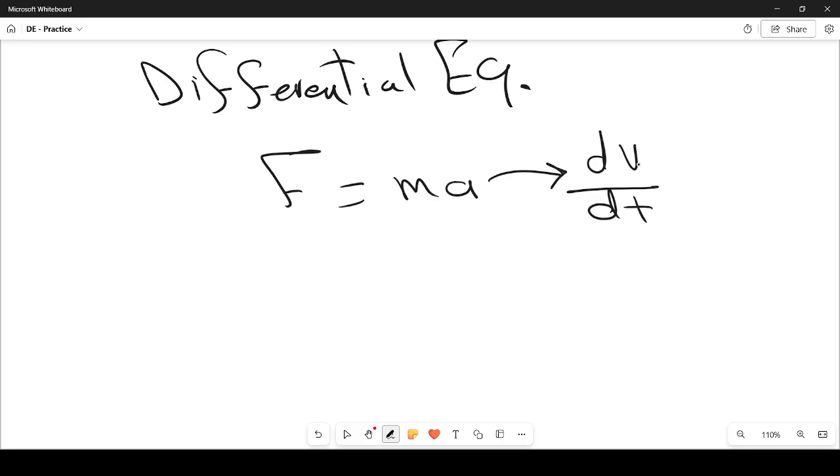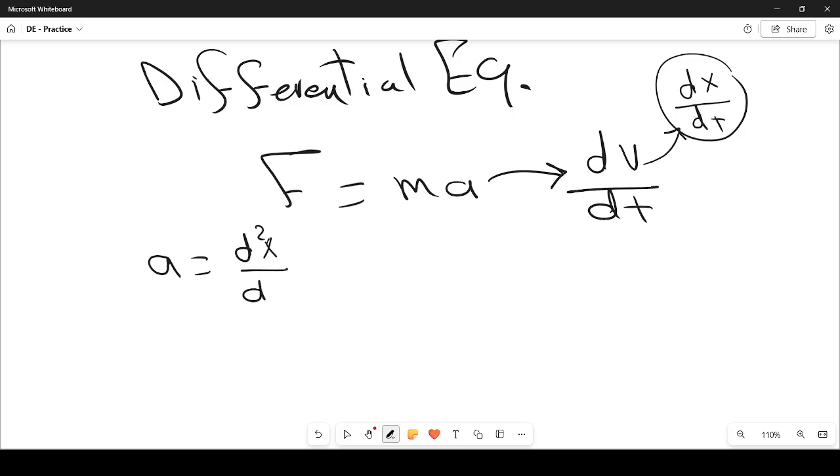And the velocity itself is the change in displacement with respect to time, so it's also the first derivative of displacement or position with respect to time. So we can say that the acceleration itself is the second derivative of displacement with respect to time.